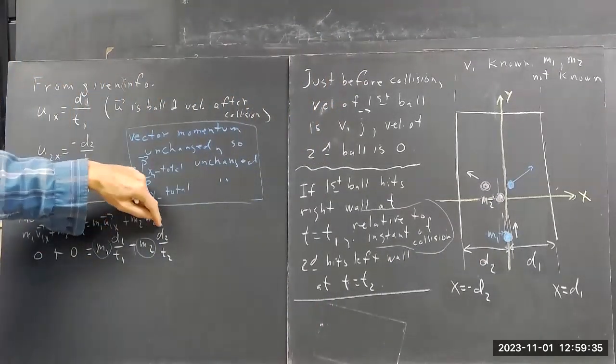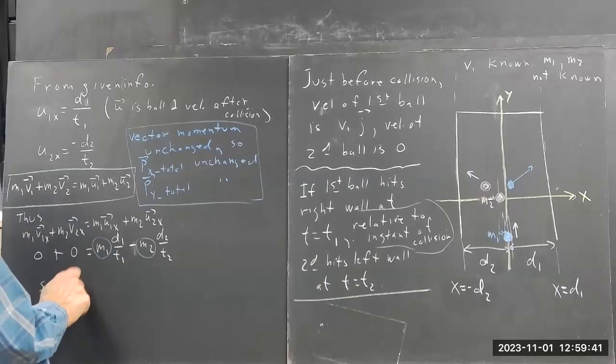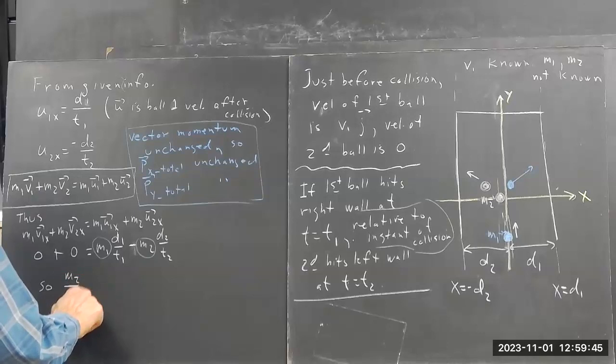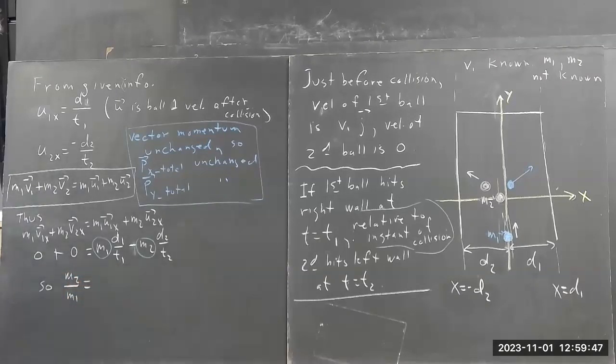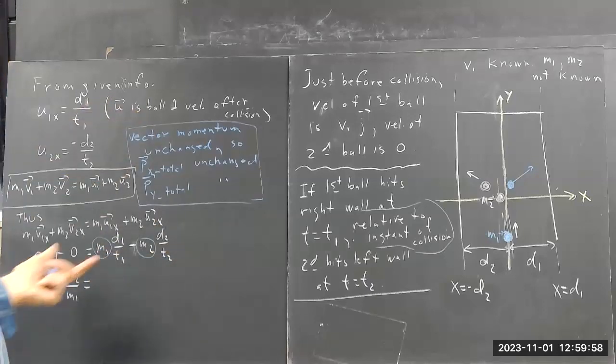Okay, now if D1 and D2 are equal, what's M2 over M1? Well, you add M2 D2 over T2 to both sides.